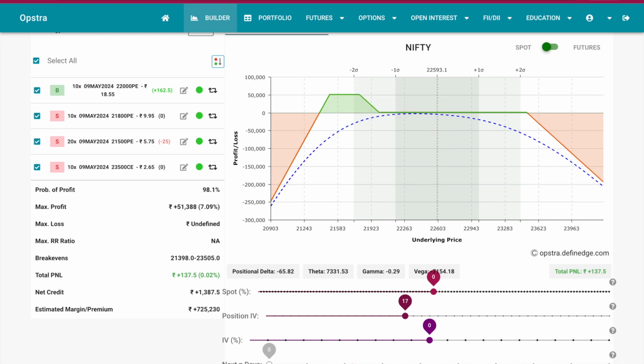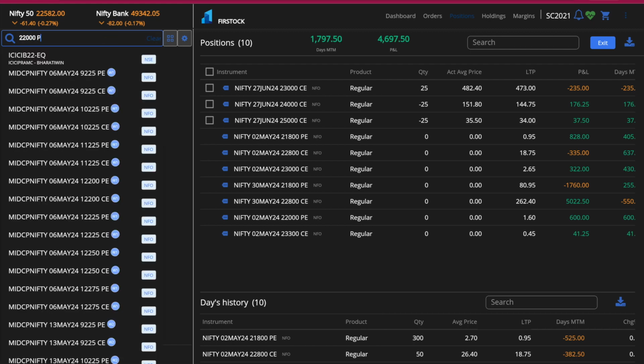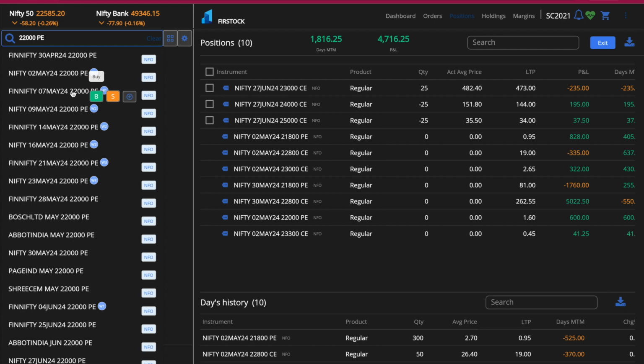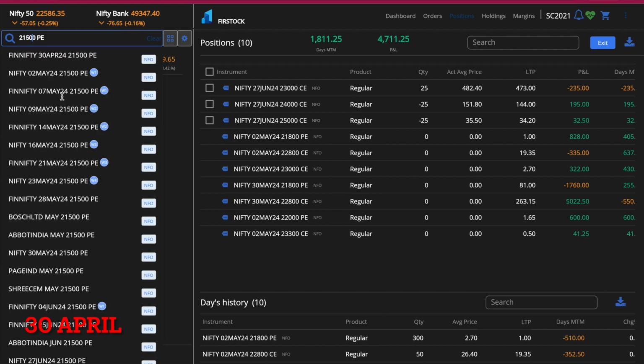Now let's put down this reference trade here. 22,000 PE, the reference trade here. 21,500 PE, the reference trade, 9 June.